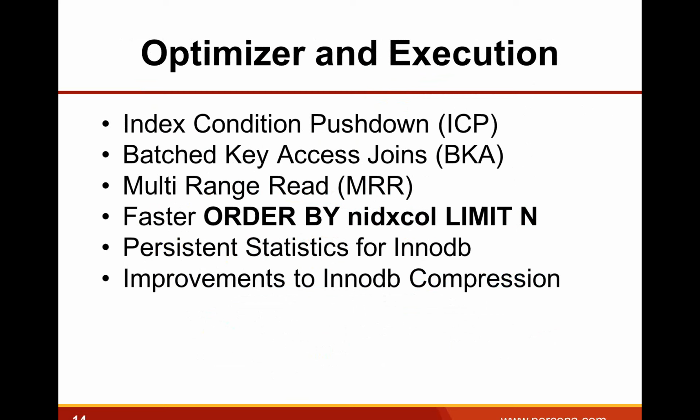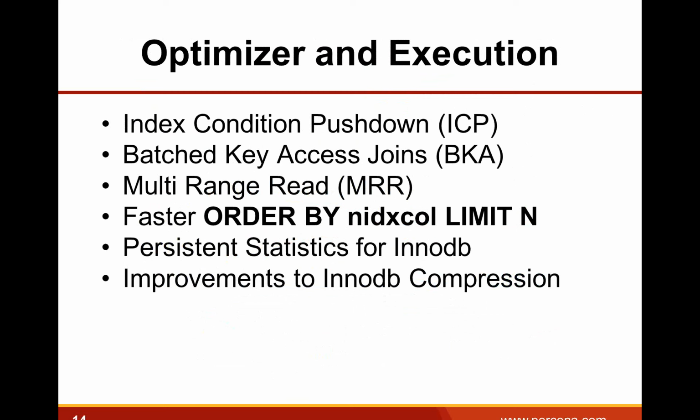There have also been a lot of improvements in InnoDB compression, which I think is getting a lot more relevant these days because of flash storage. As we get into flash storage, we are again in the game of relatively fast but relatively expensive storage.